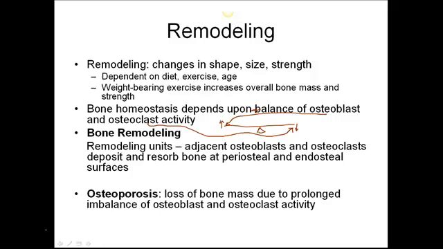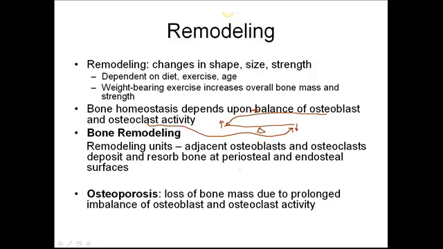So remodeling units, these are adjacent, meaning they're next to each other. Osteoblasts and osteoclasts deposit and resorb bone at periosteal and endosteal surfaces. And I have a pretty cool video on this, I think, that I put up already. It's very, very cool.